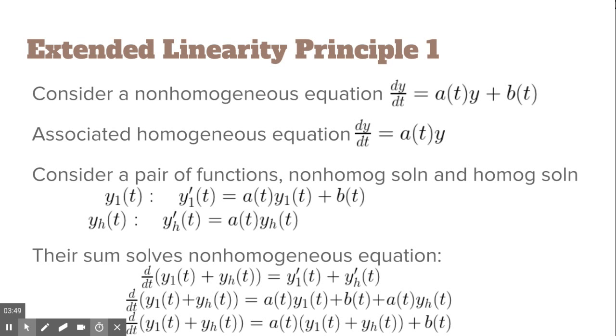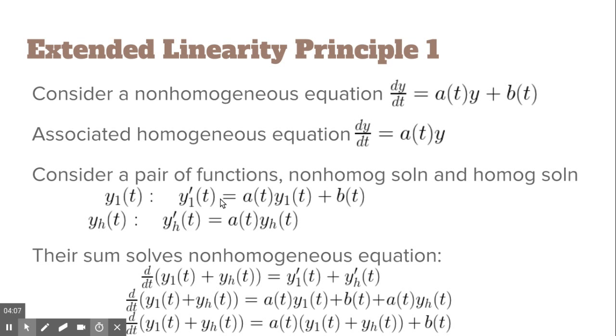The extended linearity principle states that when we have a non-homogeneous equation where that b of t is non-zero, and we look at what we call the associated homogeneous, just the a of t y part, then let's take a solution y1 that solves the non-homogeneous, and a solution y sub h, which solves the homogeneous.